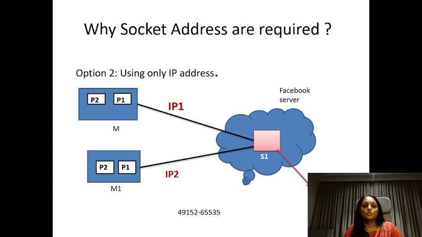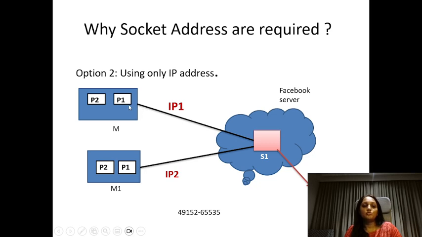Here we are not giving any port number. When M wants to access Facebook, for example, multiple processes are running in M, P2 and P1. P1 is the Facebook and P2 is WhatsApp. Same here, P1 is Facebook and P2 is WhatsApp.